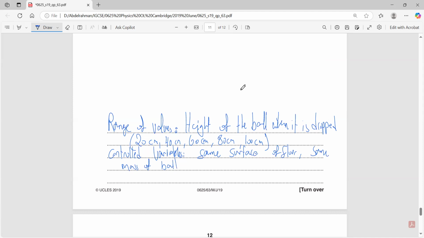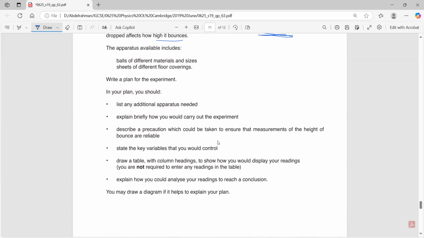Same material. Sheets of different floor coverings? Well, you just need to make sure that they are the same sheets, for example, the same number of sheets. That's the same floor covering.